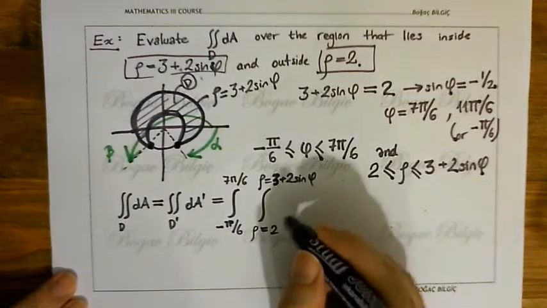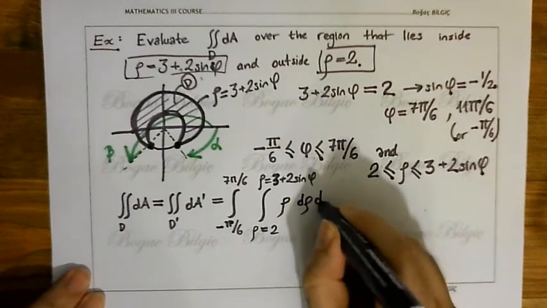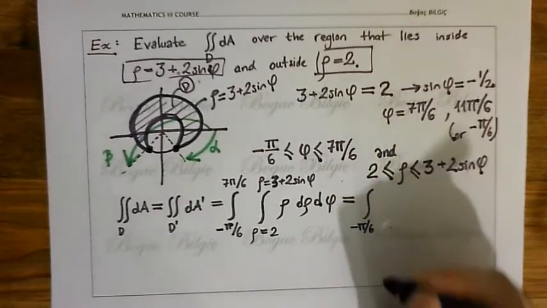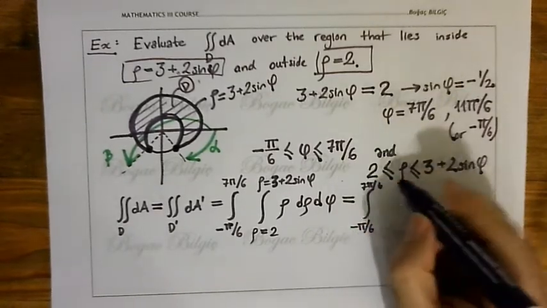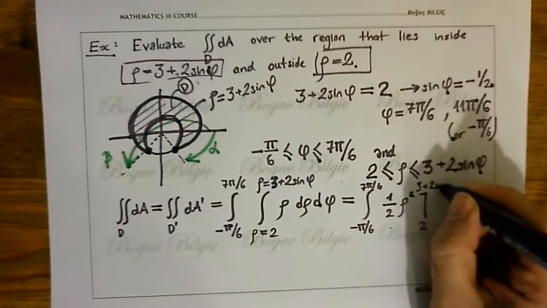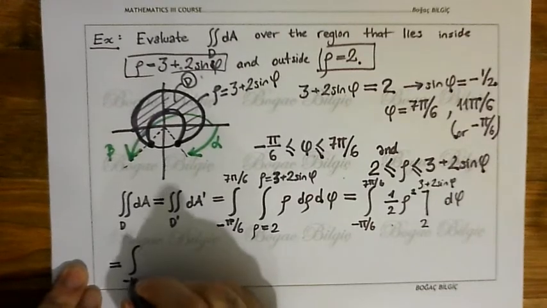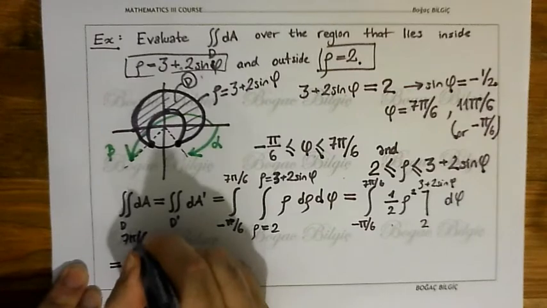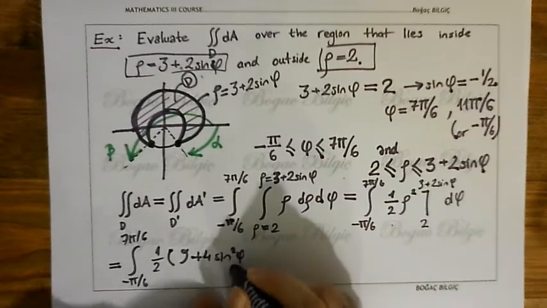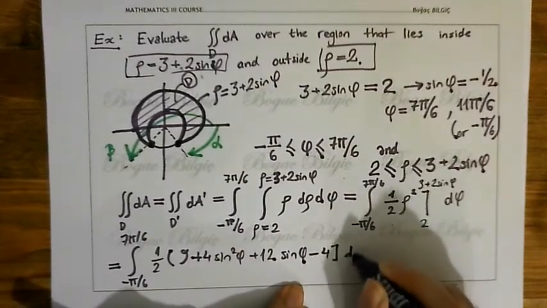And you remember the Jacobian. The Jacobian of the polar coordinates is rho d rho d phi, and this is equal to the integral from minus pi divided by 6 to 7 pi divided by 6 of 1 divided by 2 rho squared from 2 to 3 plus 2 sin phi d phi, equal to the integral of 1 divided by 2 times 9 plus 4 sin squared phi plus 12 sin phi minus 4 d phi.